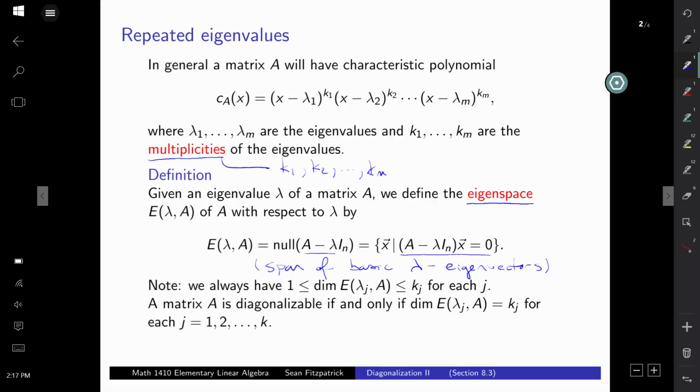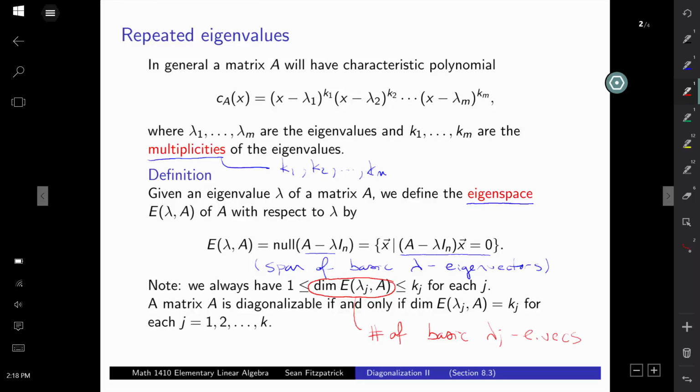We'll call these the basic eigenvectors for this particular eigenvalue lambda. What we're interested in is what's often called the geometric multiplicity of the eigenvalue, as opposed to these multiplicities k1 up to km, which are sometimes called the algebraic multiplicity because they show up in a polynomial. So the dimension of the eigenspace is the number of basic lambda j eigenvectors.